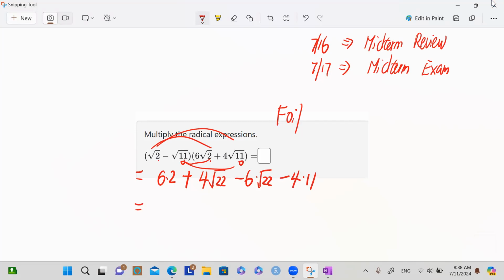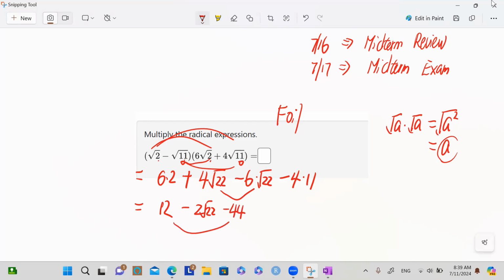So basically square root a times square root a becomes a, because it becomes the square root of a squared, and cancelling the exponent and the index, we get a. So we get 12 here, and combine the middle two terms. 4 minus 6 is minus 2 radical 22, and minus 44.